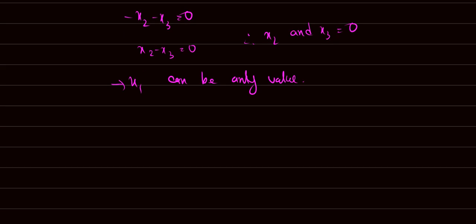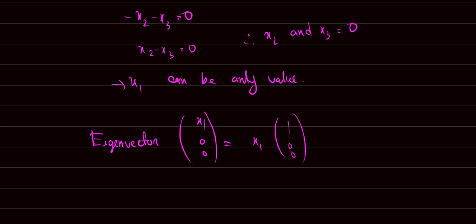The expected form of the eigenvector will be x1, 0, 0, because x2 and x3 are 0, we can write it as x1 times 1, 0, 0.